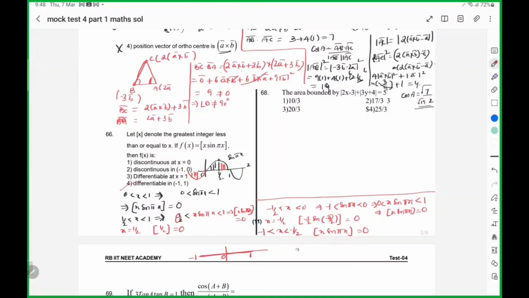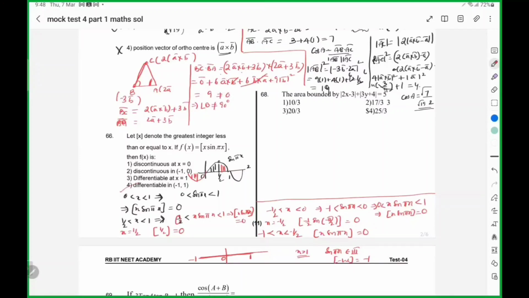When x is greater than 1, sine pi x enters the third quadrant, the step of negative becomes -1 there, near 1. So left limit and right limit are not equal. So it's not continuous, not differentiable at x equal to 1.